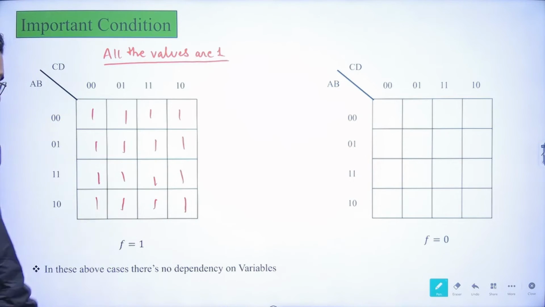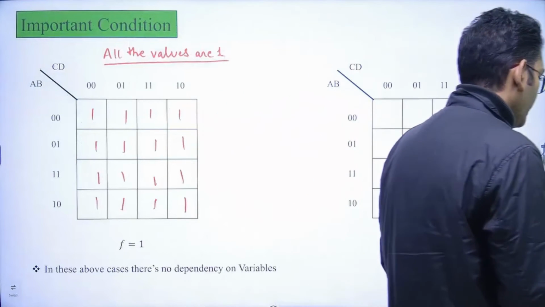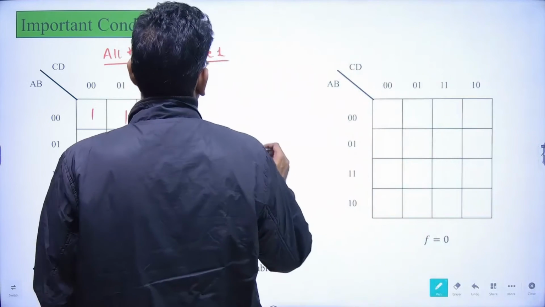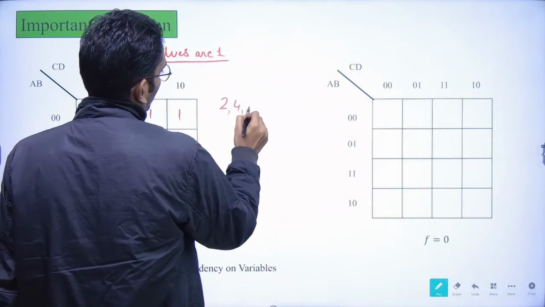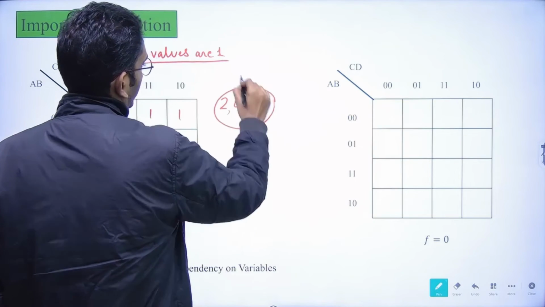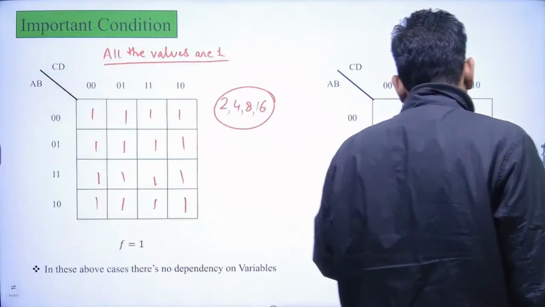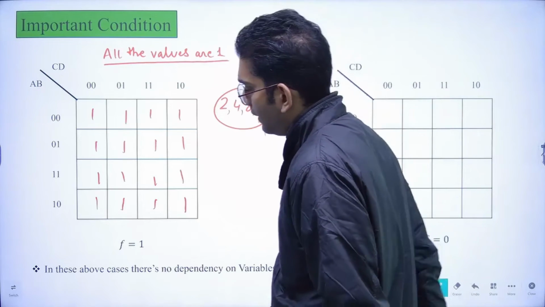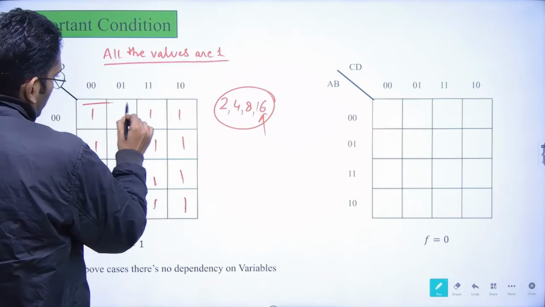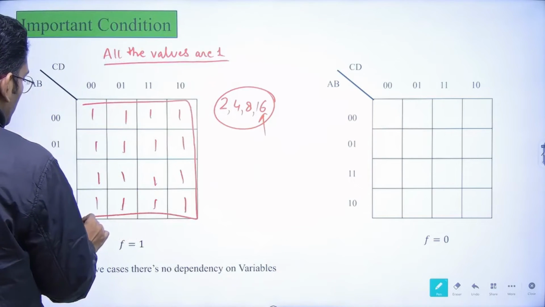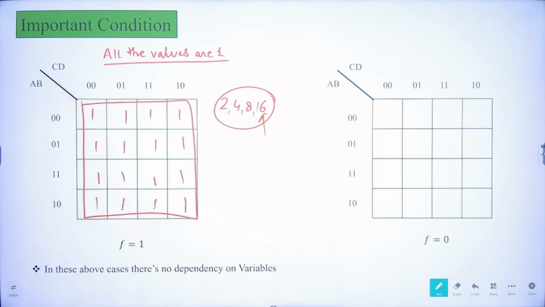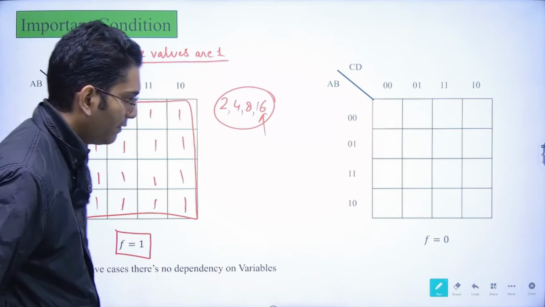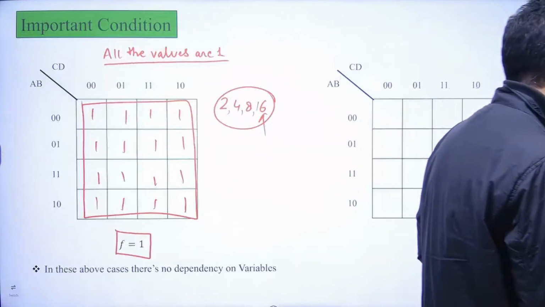So what would happen? Now if we try to make the pairs, we go 2, then 4, then 8, and after that 16. So here we can easily make a group of 16 in this format. So for this particular K map, the final expression we would get is F equals 1.